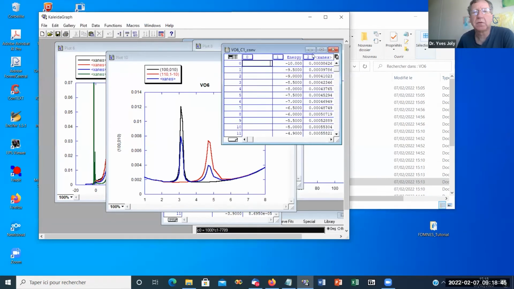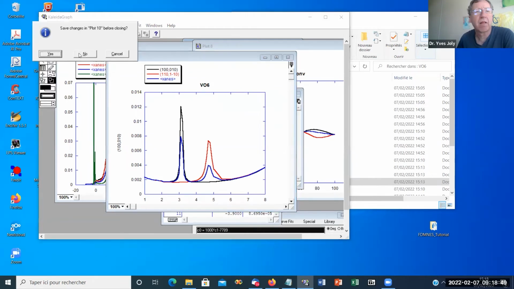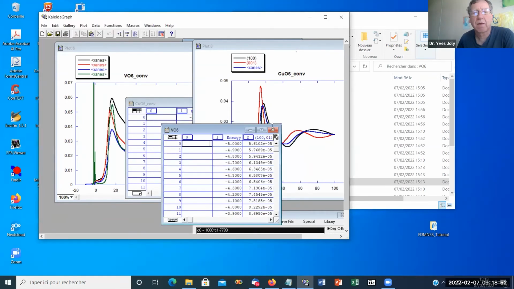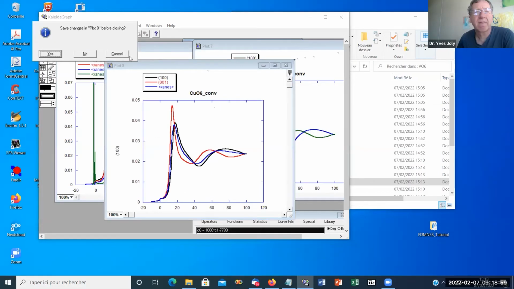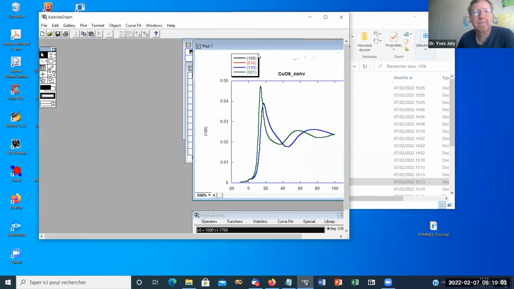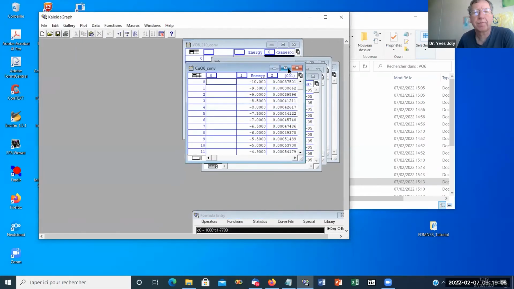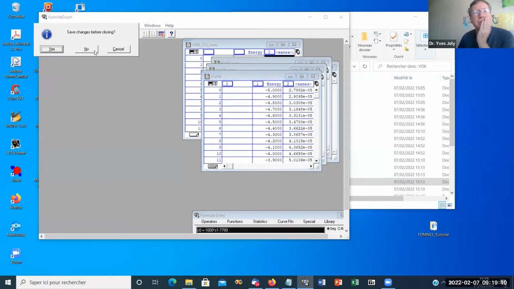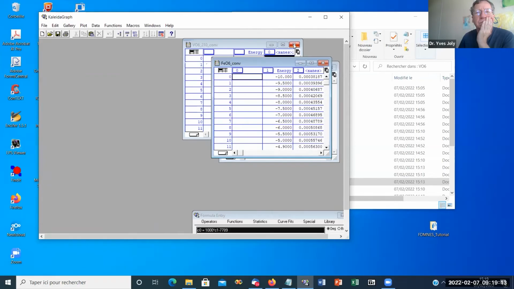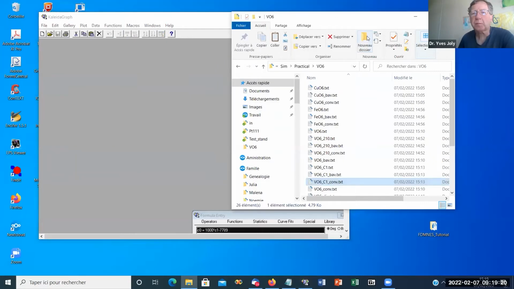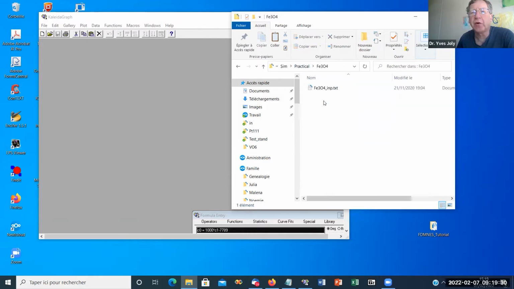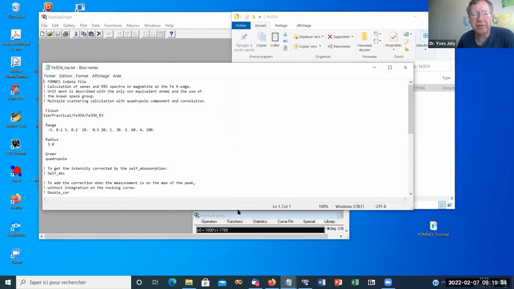Okay, so I go to iron 304. Here is the in data file, so it's ready for this first calculation.